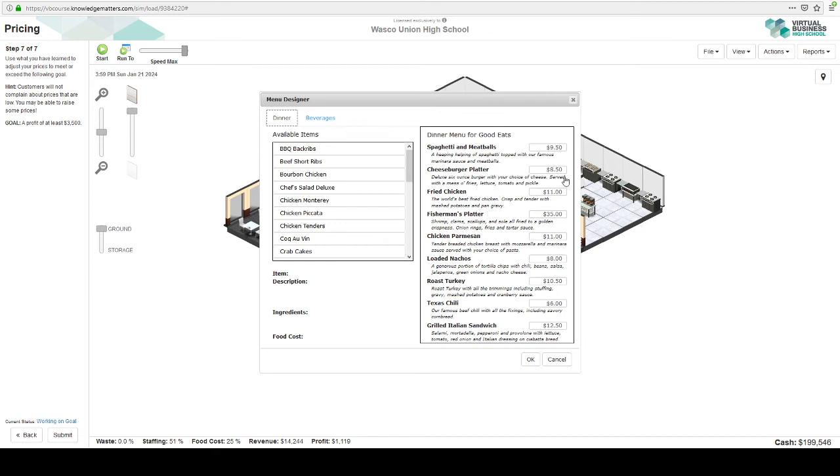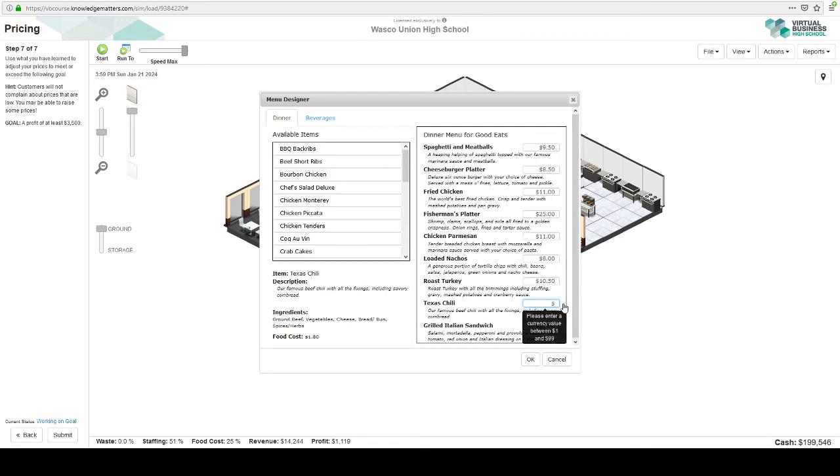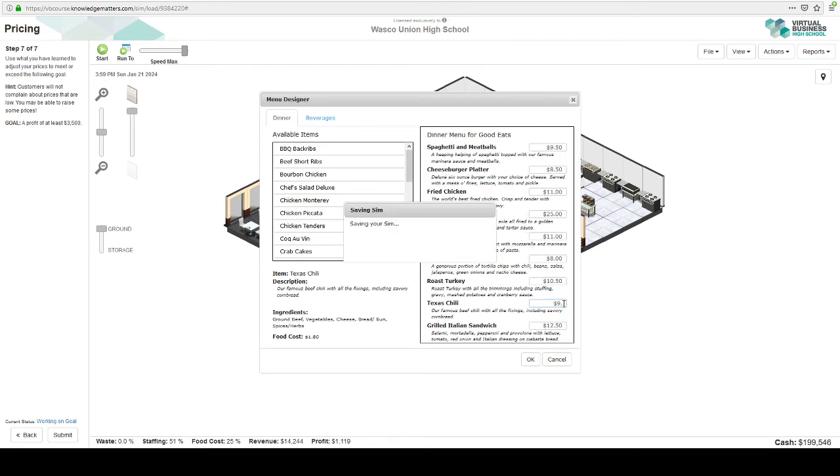We know they're complaining about the cheeseburger platter. No, not the cheeseburger platter. The, where'd it go? Fisherman's platter. I'm going to drop this down to 25, see if that makes any difference. And then I'm going to increase the prices of some things to see how much I can charge before they start complaining. Alright, $9 there. Let's see if I can get more for the spaghetti and meatballs.